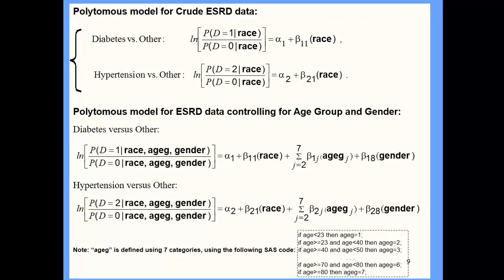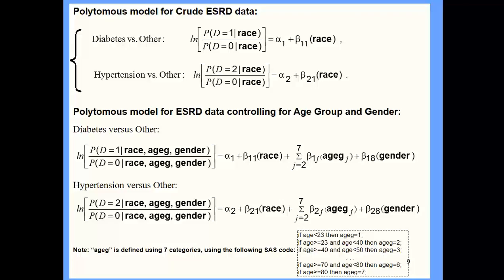I've written the form of the polytomous model for the crude ESRD data. What have I actually written here? Have I written just one model? I've actually written 2 models, haven't I? I've written 2 logistic-like statements.